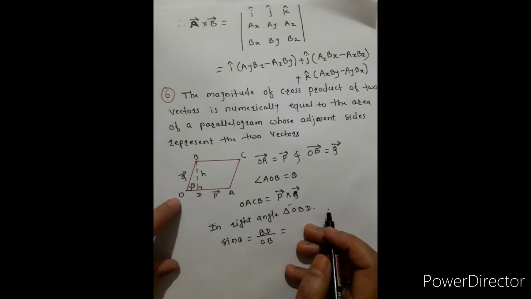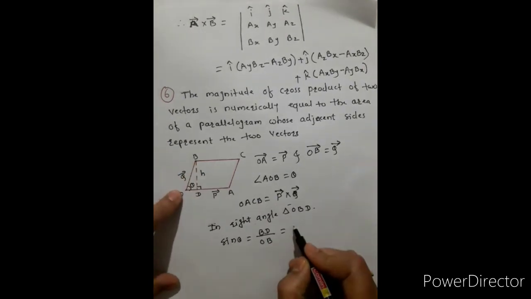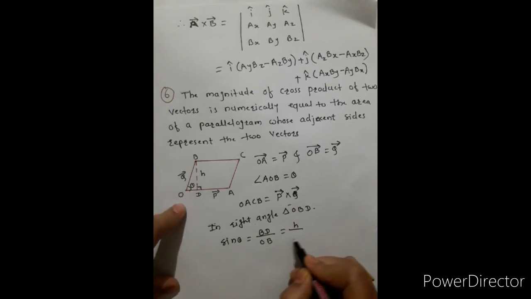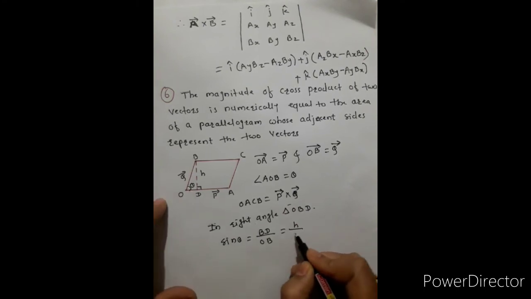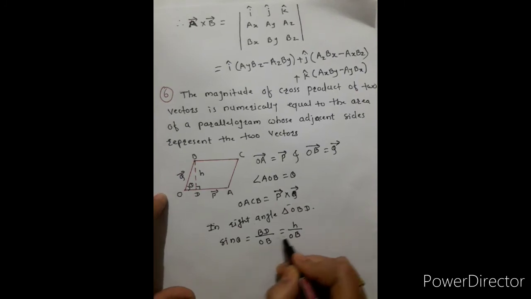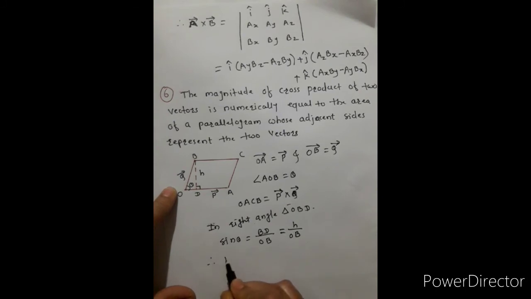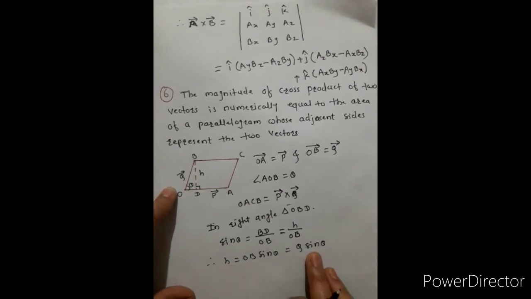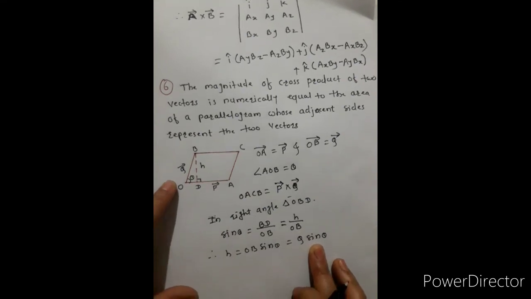So here BD is equal to H, the height, and OB is equal to vector Q. Therefore H is equal to OB sin theta, which is Q sin theta.